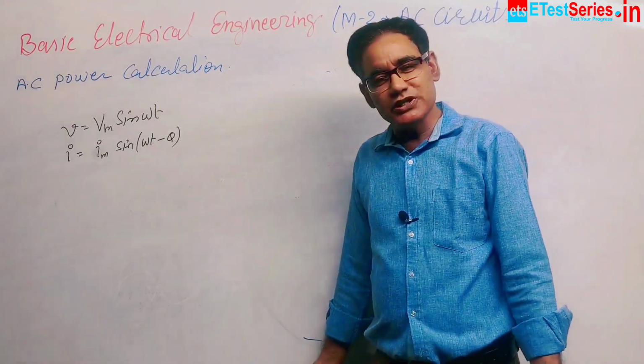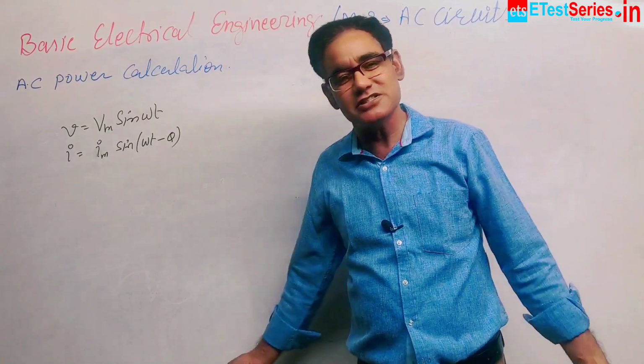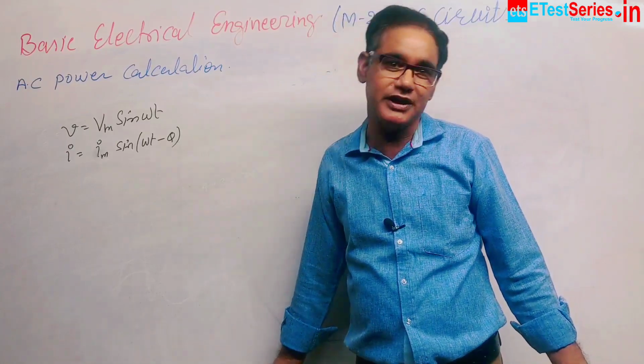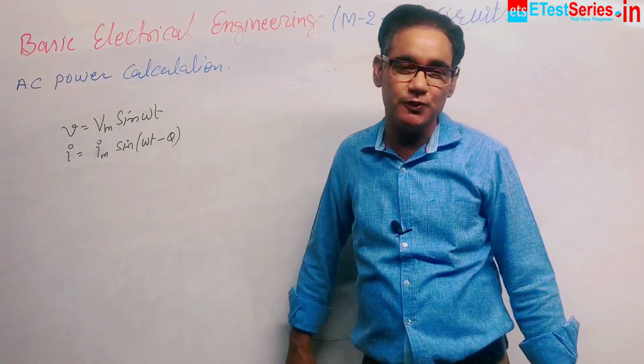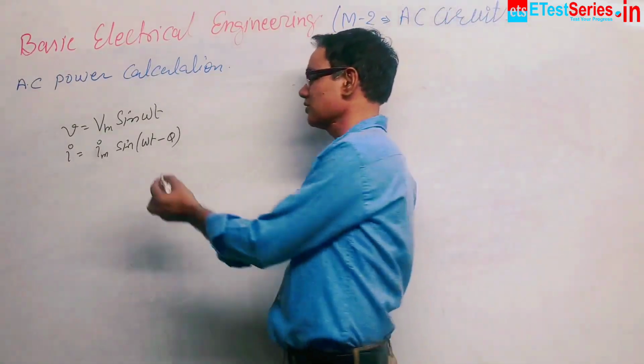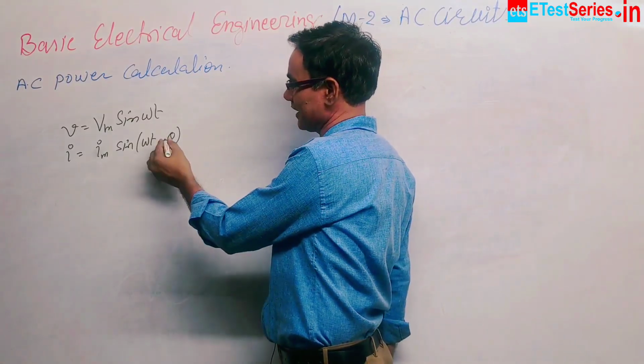It depends upon the circuit components. If there is an inductor, then minus theta. If there is a capacitor in the circuit, then plus theta. If there is only resistance in the circuit, then theta is 0. So by default we are taking minus.